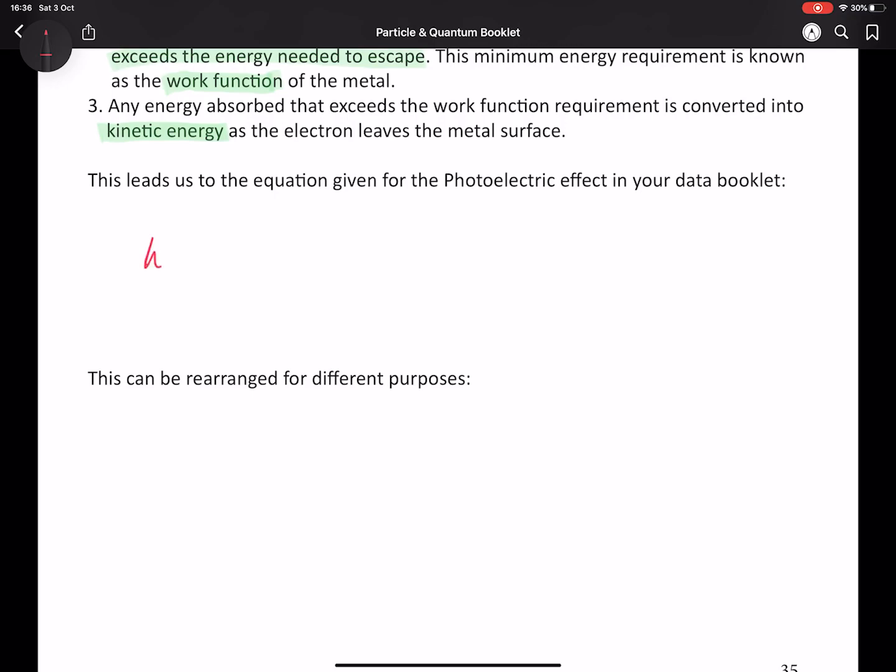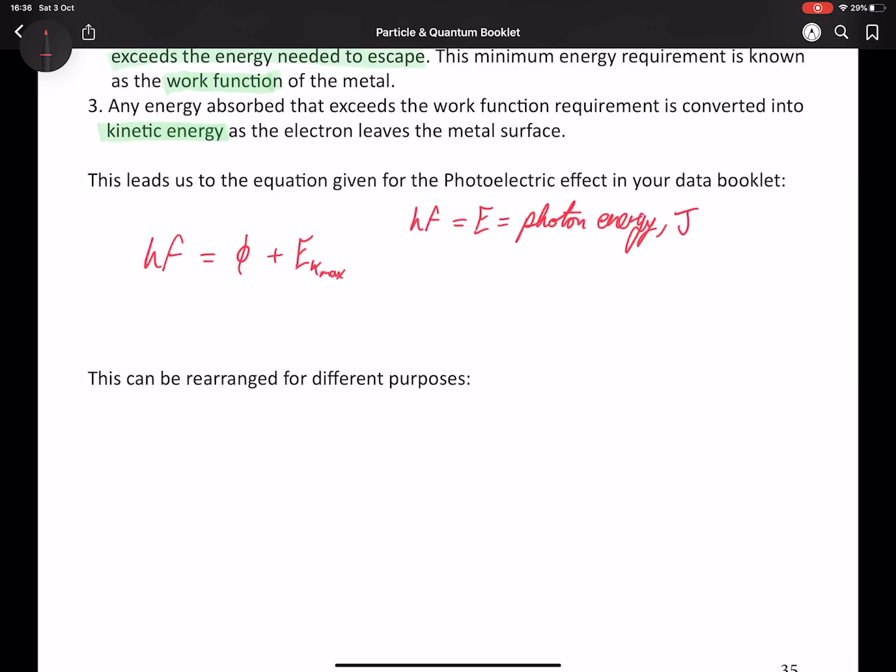So this leads us to the equation that you are given, where hf is equal to this symbol phi, which represents the work function, plus Ek max. So, as we know, hf is just another way of saying E, the energy of a photon. So each section of this equation is actually just energy, even though only one is labeled as E.